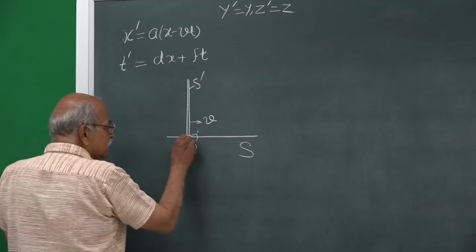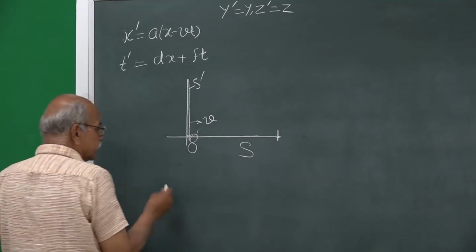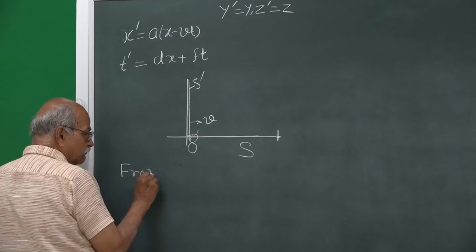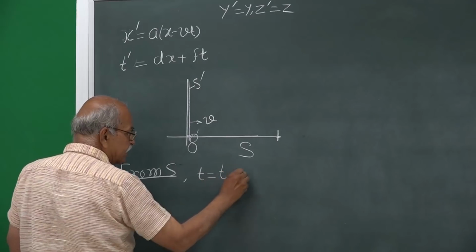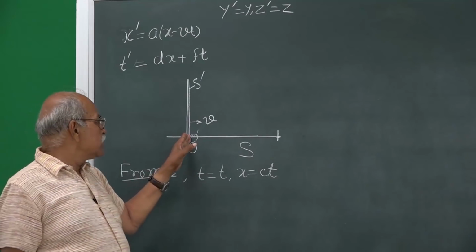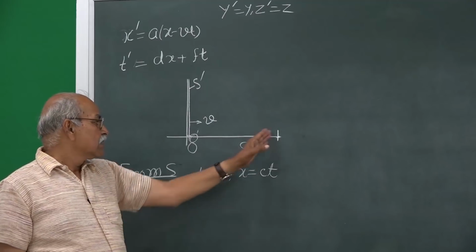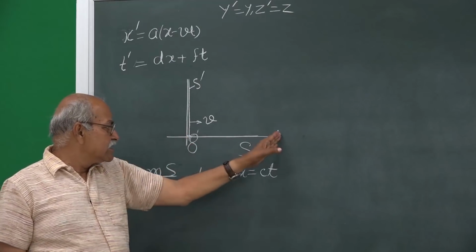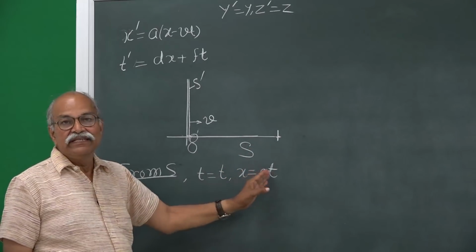So, this light which is emitted has reached somewhere here, and time is t and x is c t. My radiation pulse has reached this point at time t, from the origin. So, the distance covered must be c t. So, x is c into t.